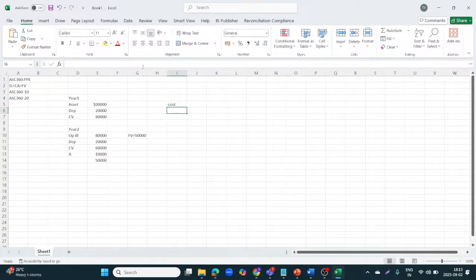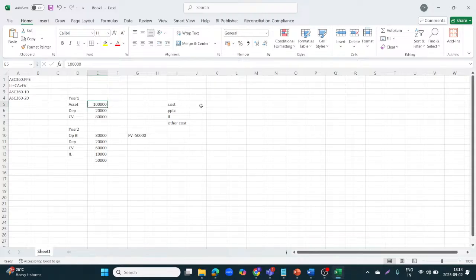It will include purchase price, transportation cost, any installation fees, and maybe any other cost which are directly incurred to make the asset functional. Okay, so these all will be part of the cost. So initially you will record the asset at cost. So I assume my asset cost is 1 lakh.